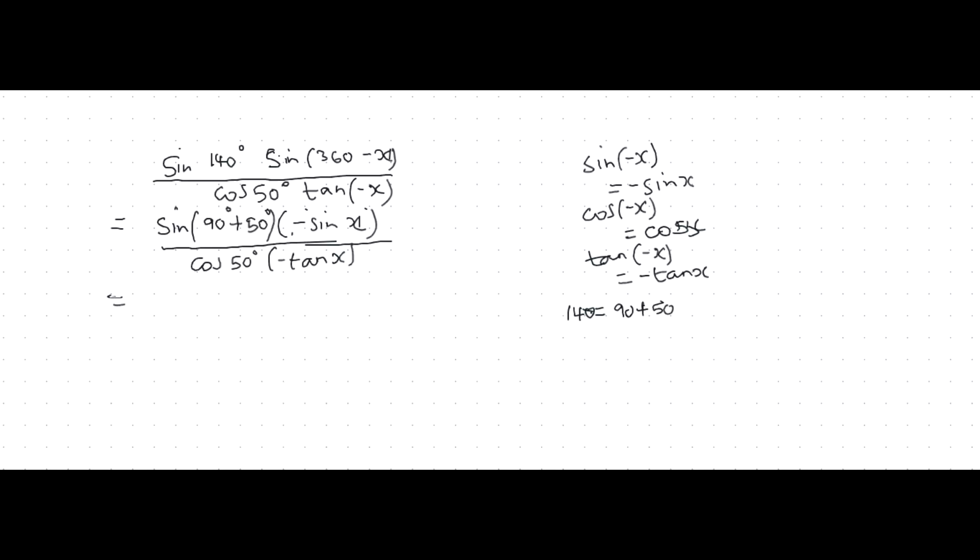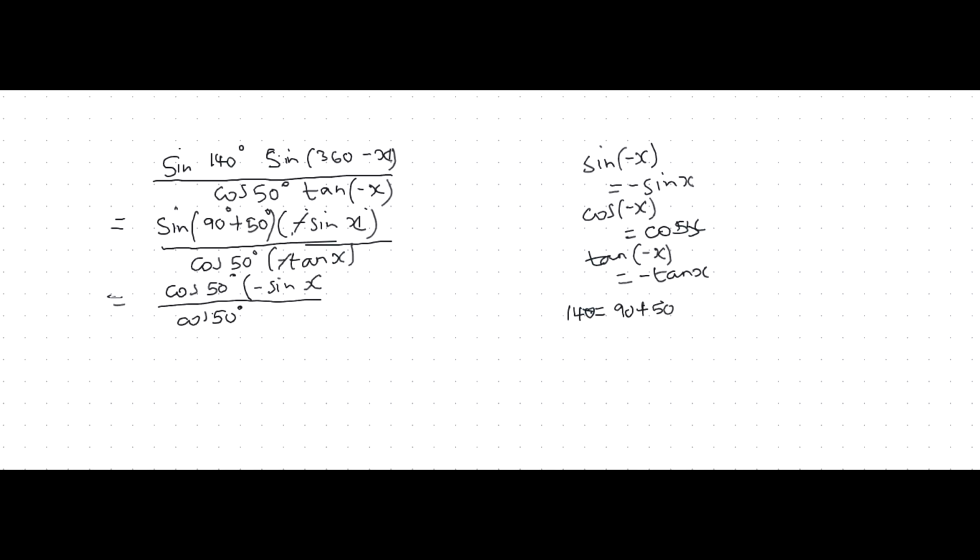So I'll have positive cos 50 degrees. Then I'll go ahead and have the minus sign. I have this because I want to show you how it works. Divided by cos 50. Then the negatives can cancel out, they are divided. So we end up with something that is positive. That's what we can do as well.